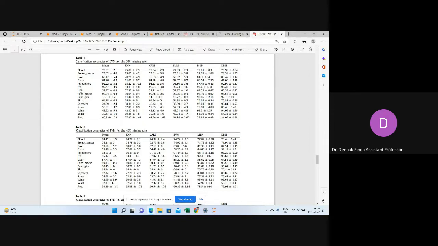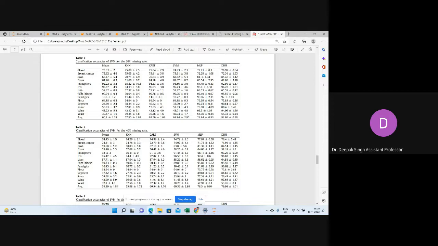And in fact, surprisingly, none of the data sets is carrying missing values. What they have done is they have intentionally deleted some cells from this data, and then performed the experiment. Because just imagine if you have a missing value data set, and somehow you got the missing value, how are you going to validate it? You don't know what the actual value is.